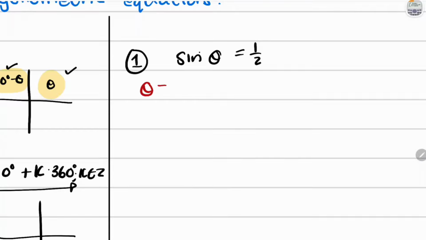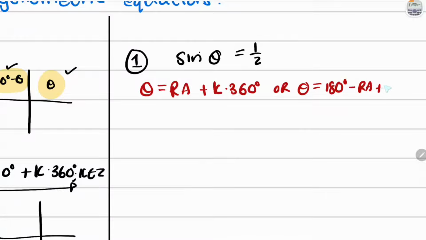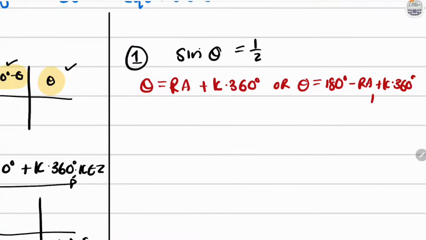So to solve for theta, you're just going to say, first of all, theta is equal to your reference angle plus k 360 degrees. And the second solution will be where theta is equal to 180 degrees minus your reference angle, and then plus k 360 degrees. And of course, we will tell them that k is an element of integers.